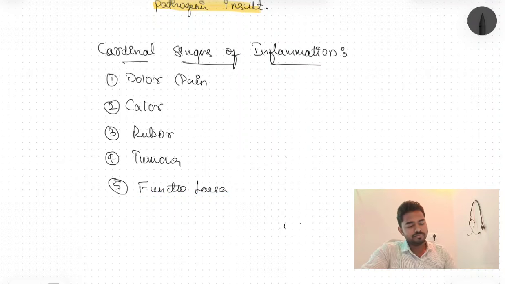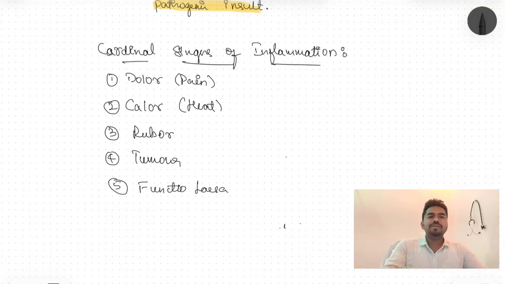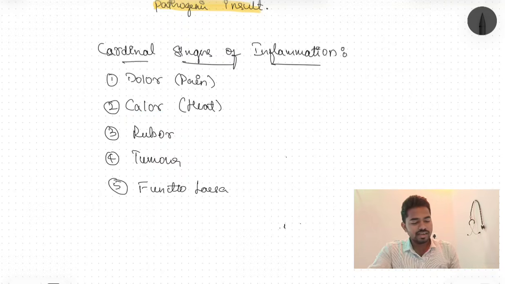Dolor is pain. Calor means heat. We have studied this, guys. The SI unit of energy or heat is joules, calories. Yes, calorie, heat. Okay.